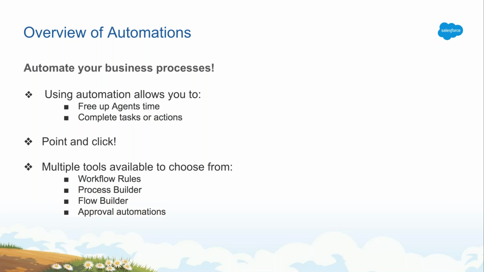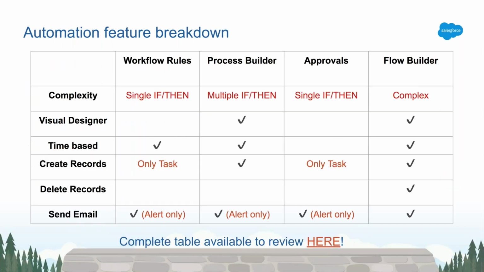And before we start that section, let's take a quick look at what each of these tools are actually capable of. They are able to do different things. So the most common question that we get is, how do you decide which automation tool is the best for the specific rule or process that you're looking to recreate?